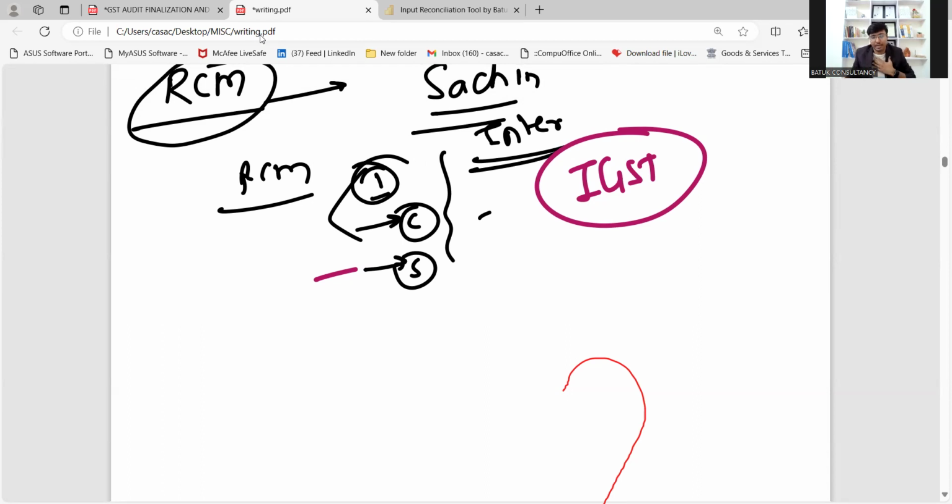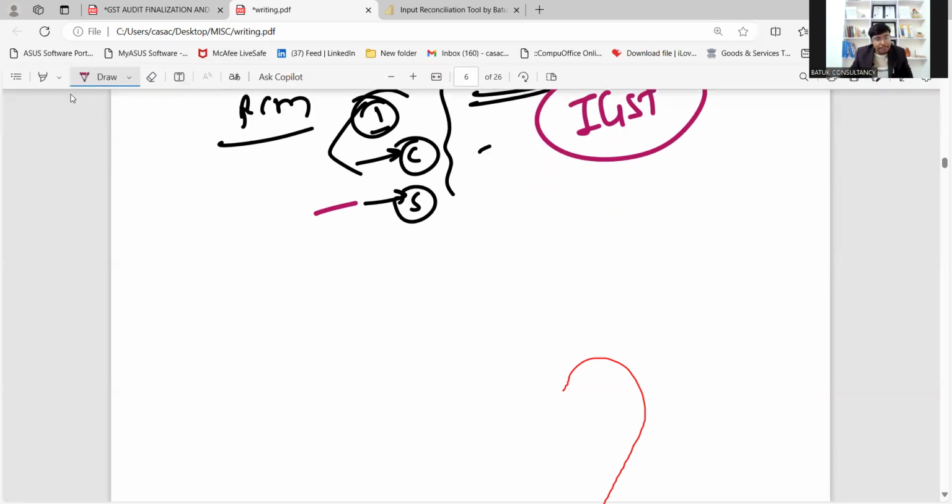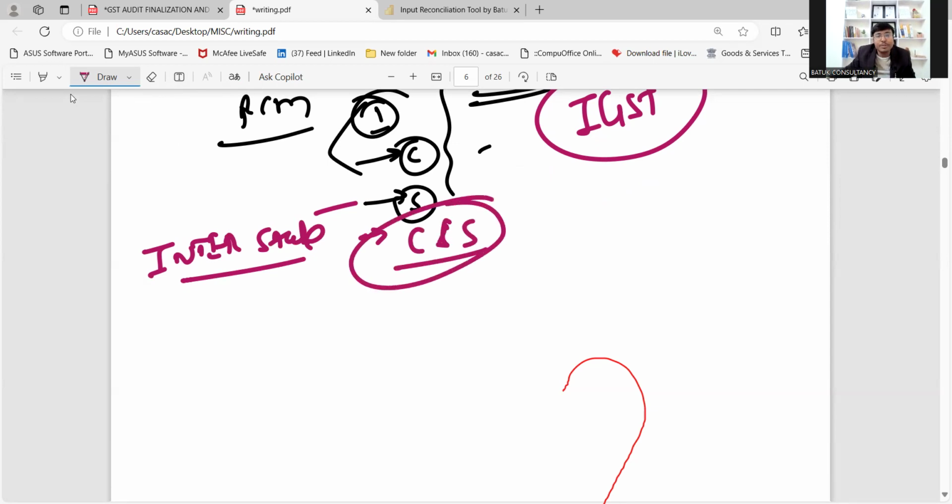But as per my opinion, I am just going to share this thing. As per my opinion, in case of interstate supply, CGST and SGST should be charged. Why?